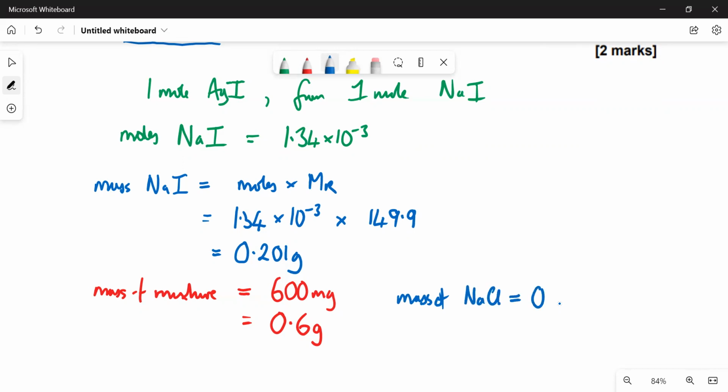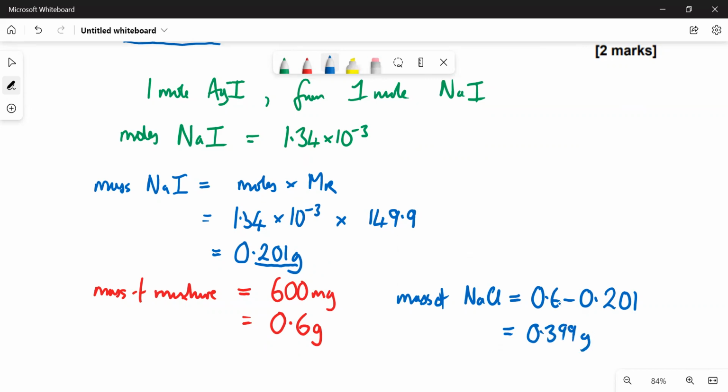So that's going to be 0.6 minus the iodide, which is 0.201. Okay, and that's equal to 0.399 grams.